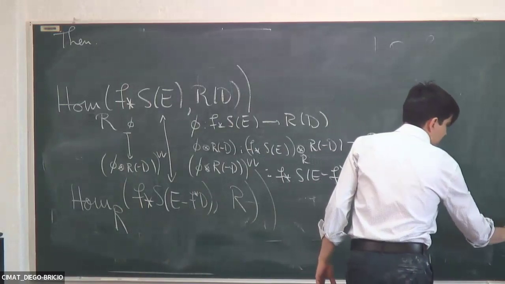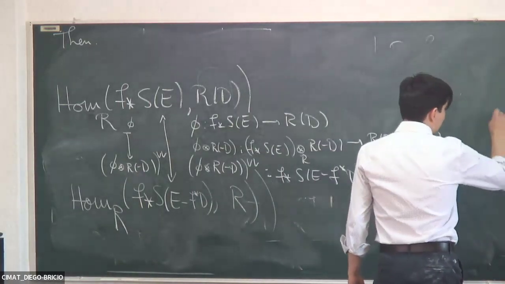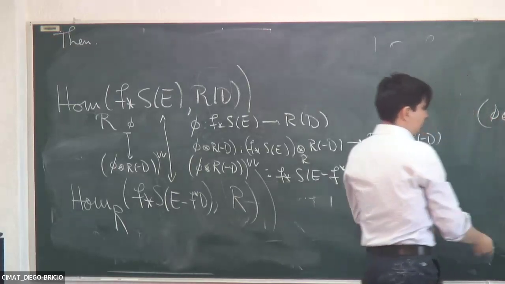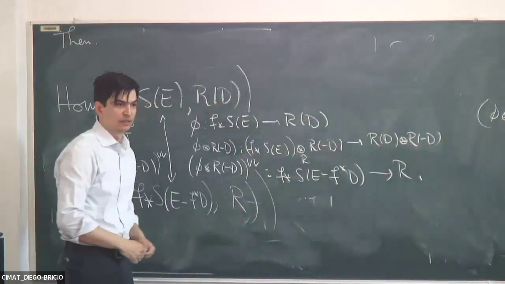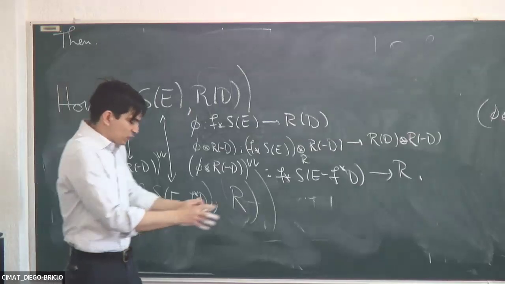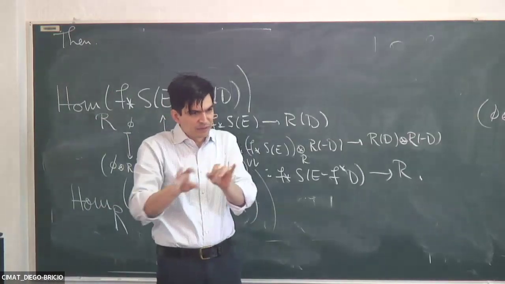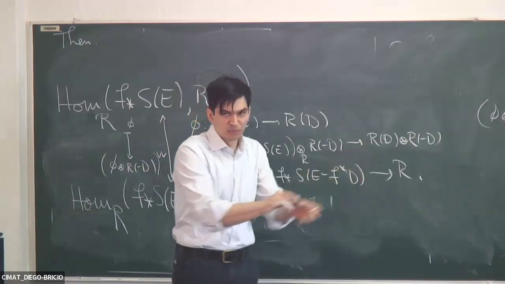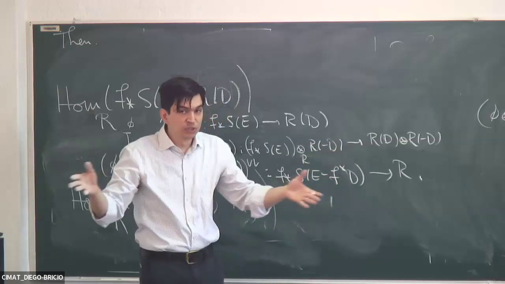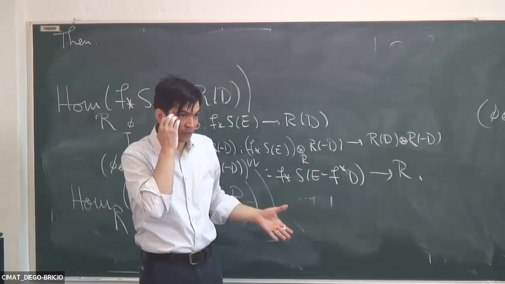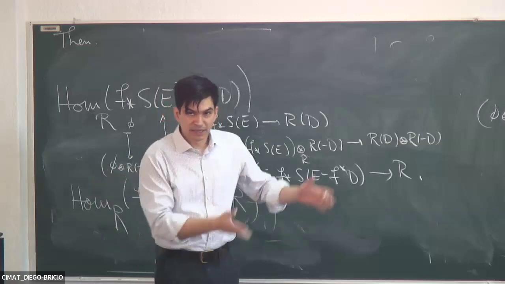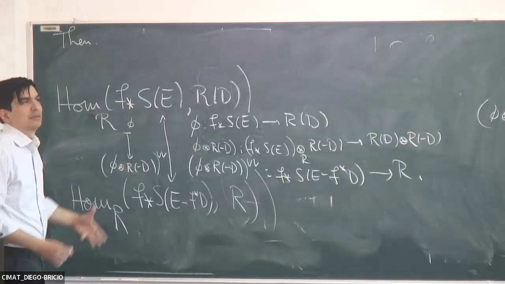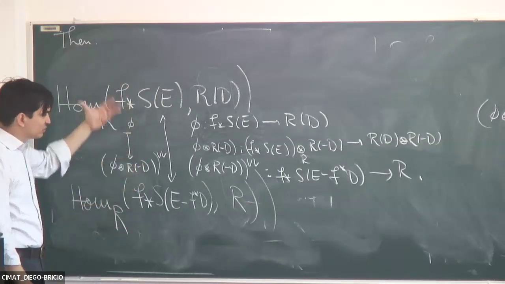If you have phi here, you send it to phi tensor RD, reflexify. And these two operations are inverses of one another. Right? I think of them like you play with them. You just fold it with your hands. You can move things from one side to the other, and you don't lose any information. Okay? It's a balancing act, and you get the exact same Hom sets. Well, isomorphic, I guess, but it's really canonical.